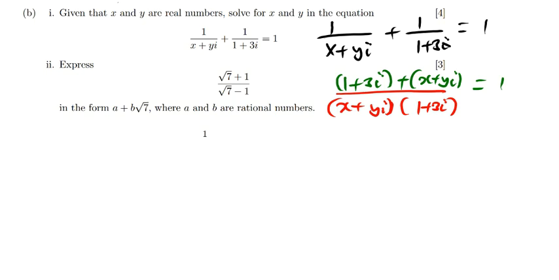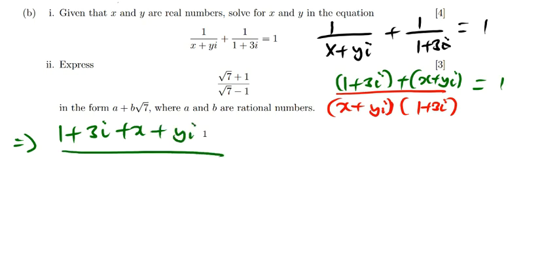Okay, so if I open the brackets on top there, I'm going to find that I'll have this plus x plus yi. Then I divide this by x plus yi. Then this is in the brackets. I also have 1 plus 3i.